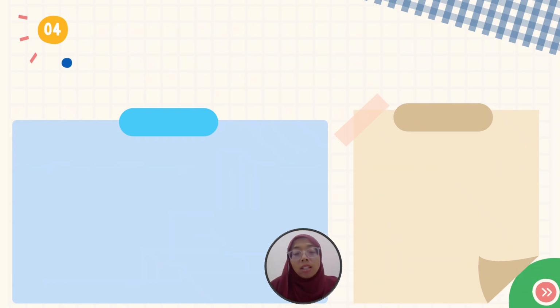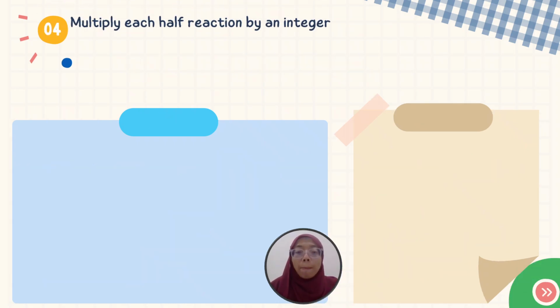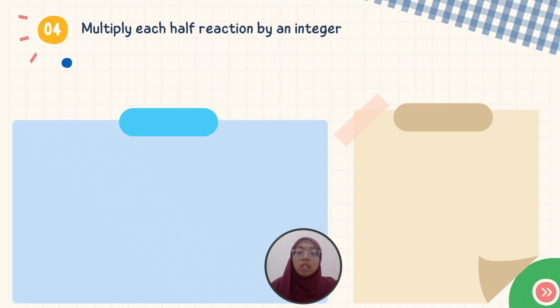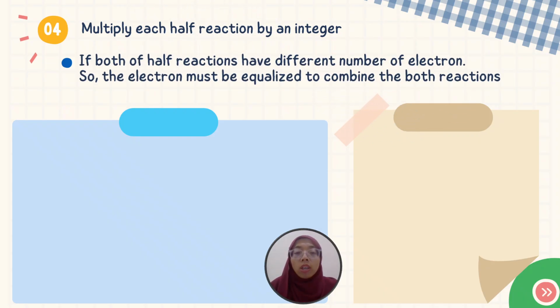Next, step number 4 is multiply each half reaction by an integer. If the numbers of electrons in both half reactions are different, the electrons must be equalized to combine both half reactions.